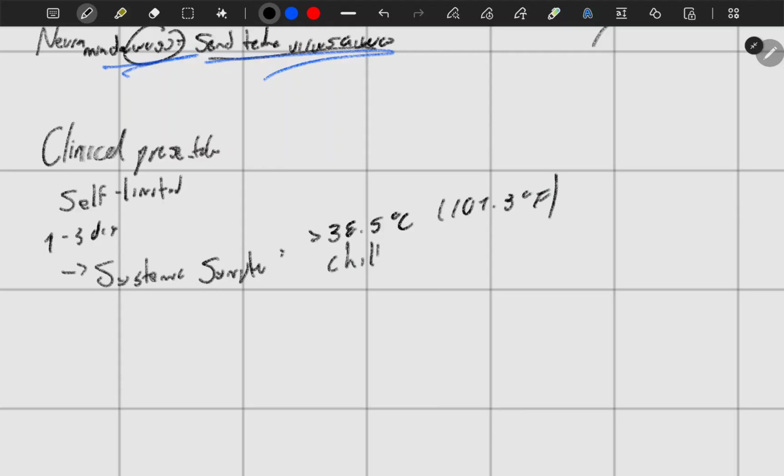Also, we have chills, generalized myalgias, especially in the lower back. Then we have the headache, severe fatigue or malaise.